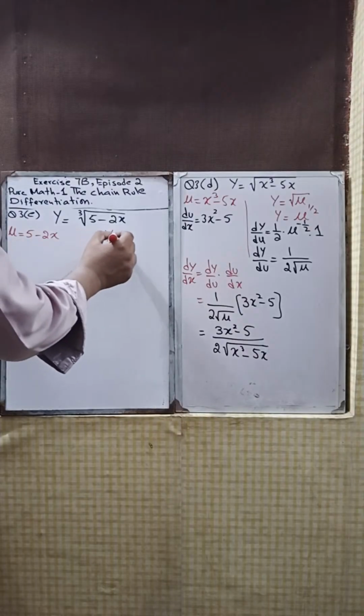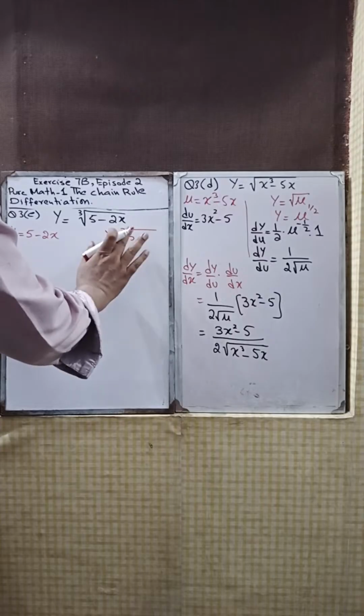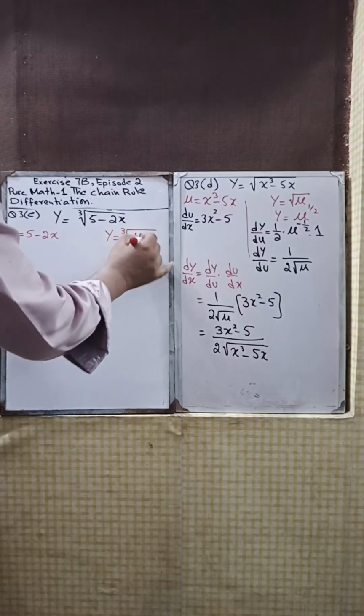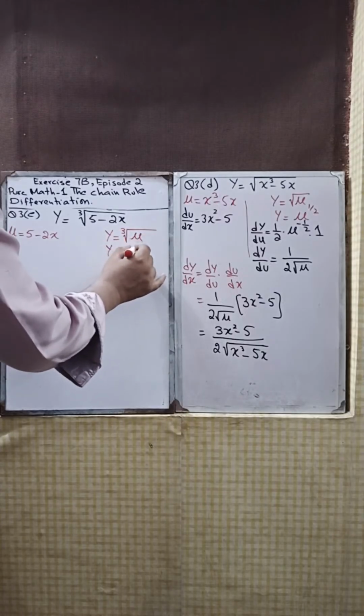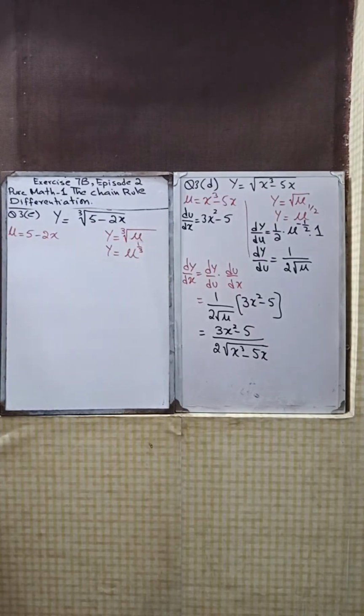So here it will become the third root of u. The third root of u means u raised to power 1 by 3.